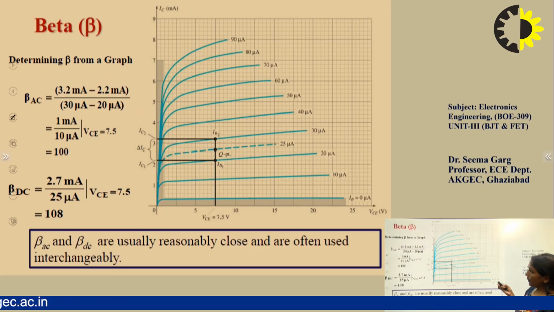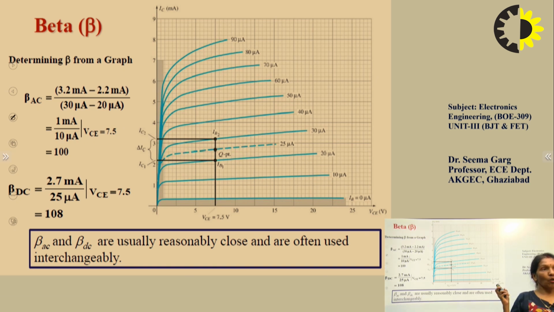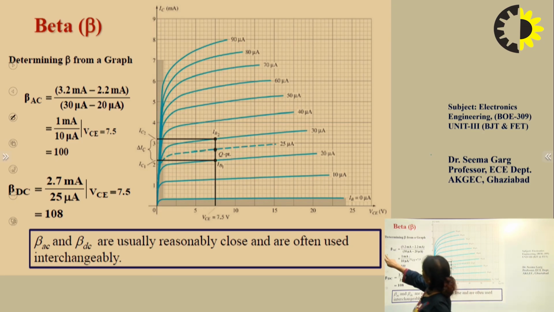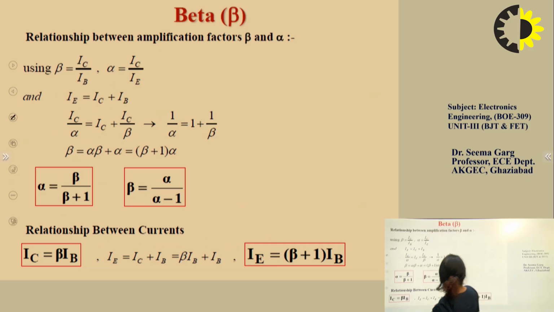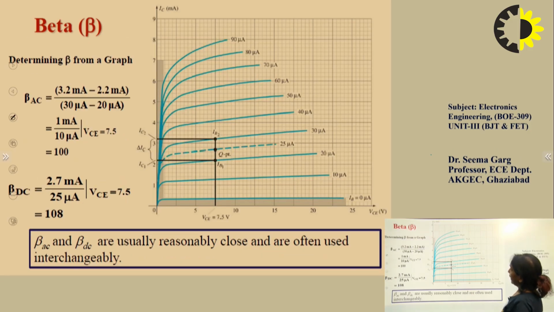So from the graph, we can calculate the value of beta AC and beta DC. That will give a clear indication about beta DC and beta AC. Here we can see this is the graph, and let us say we have chosen these two points, and here the change in the current will take place. Here IB1 and IB2 are 30 and 20 microampere.